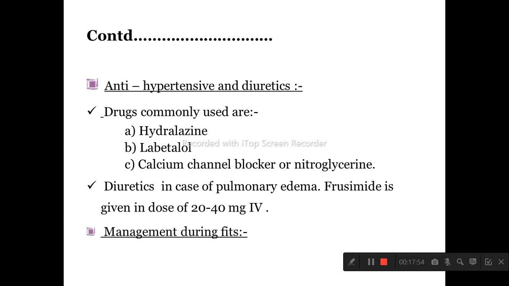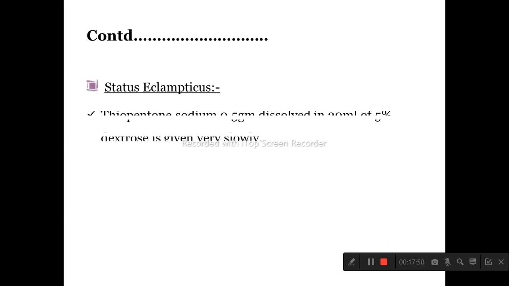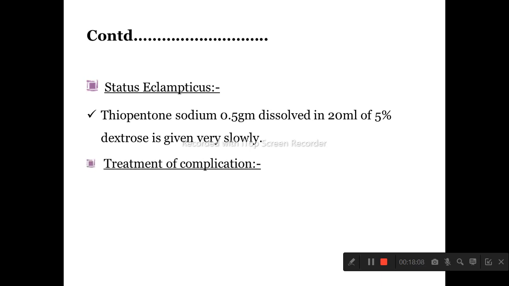Then next is management during fits. What management can we give during fits? In status epilepticus, if repeated seizures are coming, thiopentone sodium 0.5 gram dissolved in 20 ml of 5% dextrose is given very slowly.